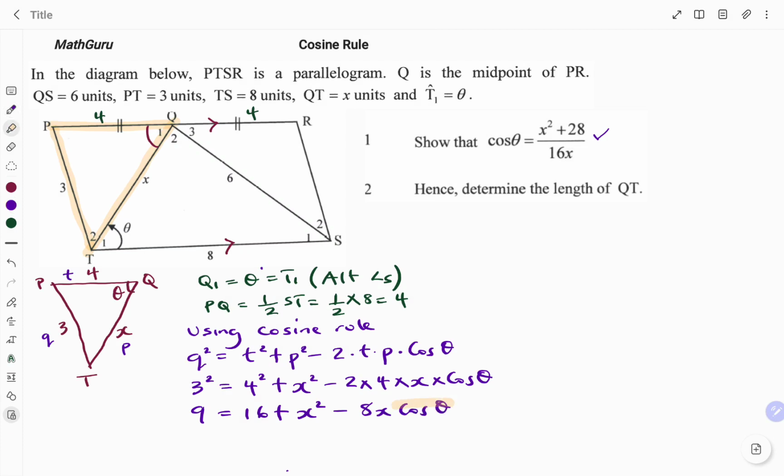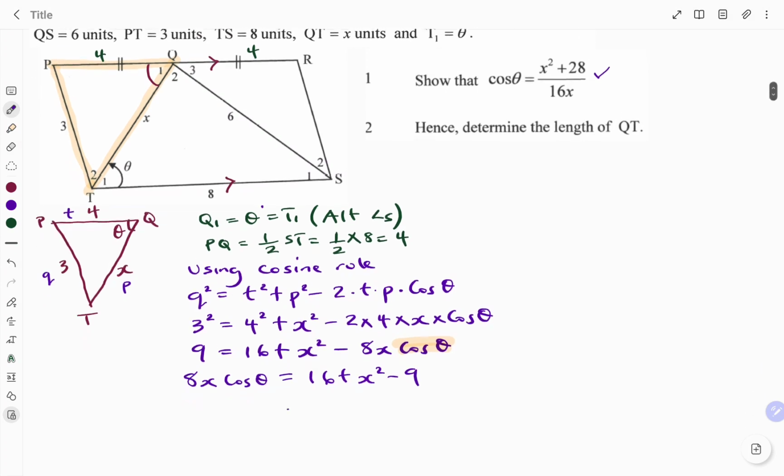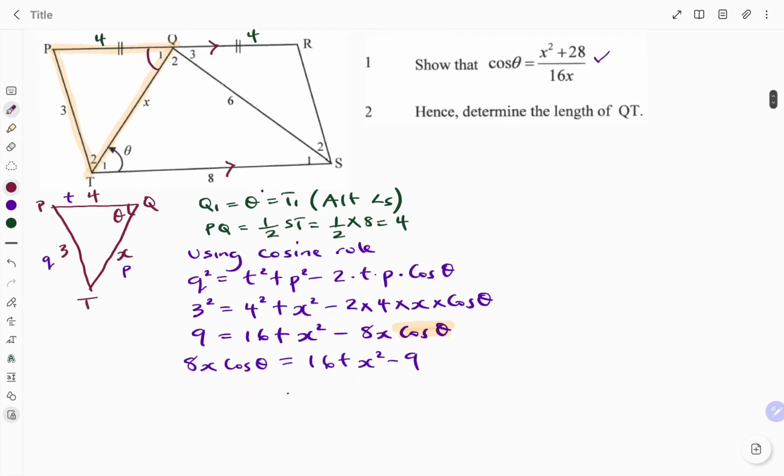So I'm going to make cos theta the subject of the formula. So what I have, moving that to the left hand side, 8x cos theta equals 16 plus x squared minus 9, dividing both sides by 8x.